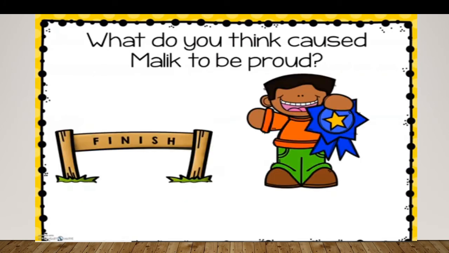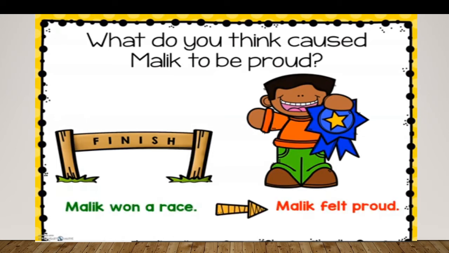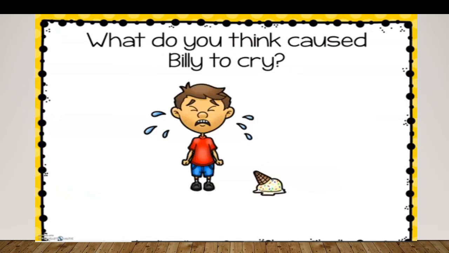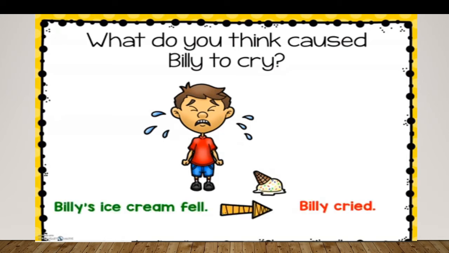What do you think caused Malik to be proud? What is the cause? What happened first? Malik won a race. That's what happened first. That's a cause. And then the effect is that Malik was proud. What do you think caused Billy to cry? Look, Billy is crying. Why?